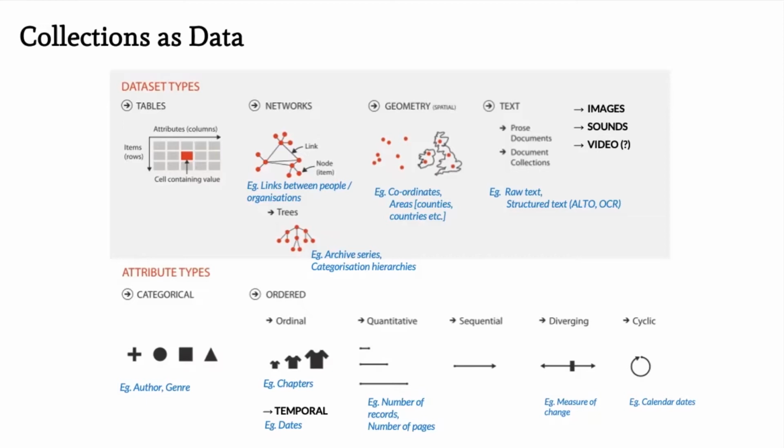We might have temporal data. There's a lot of temporal data in cultural heritage collections. We might have dates, we might have years, we might have lifespans. We might find quantitative data, counts, number of records, number of pages, all kinds of summary quantitative data.